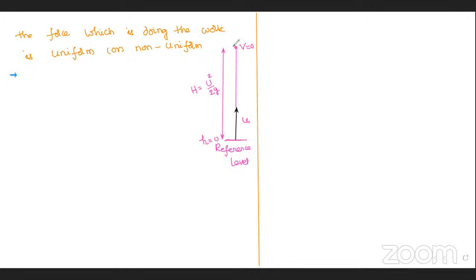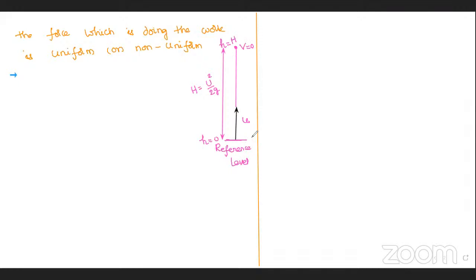Very good. What is the height here at the maximum height? Shall I write it as capital H? Right. That H, shall I substitute u square by 2g?